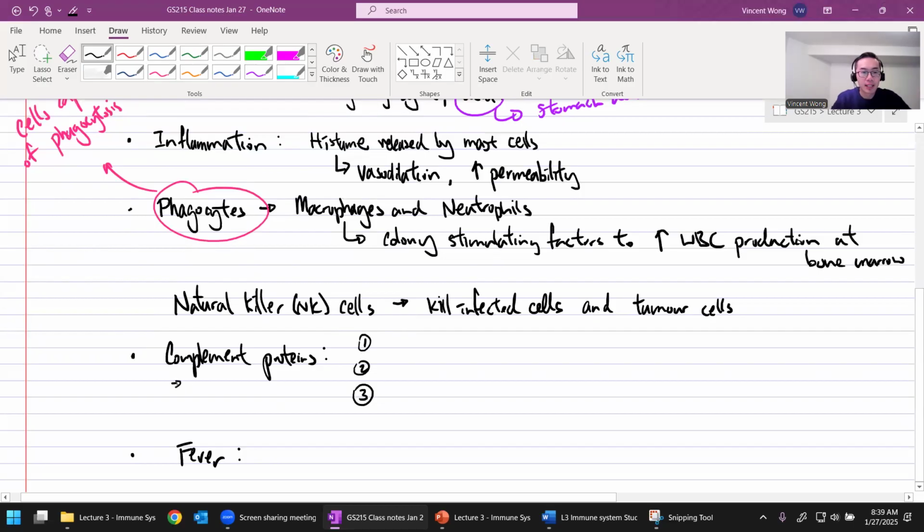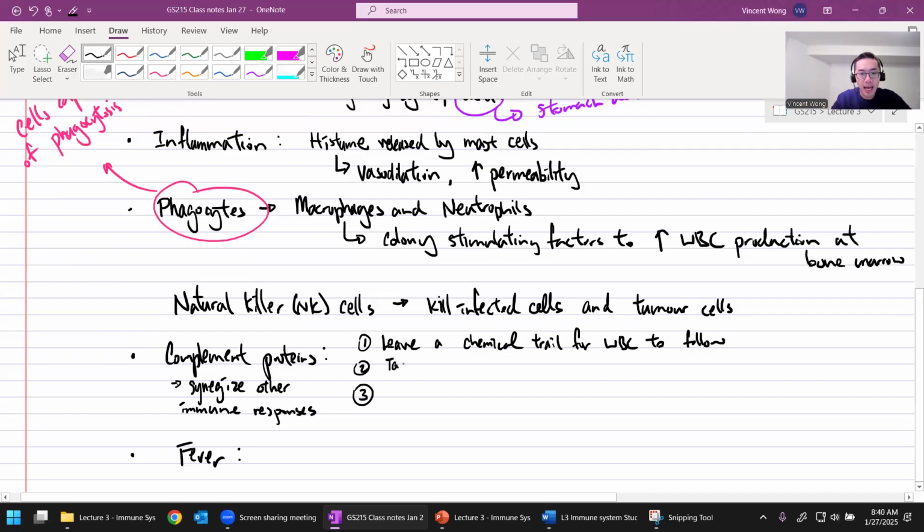The key function is to synergize other immune responses. For example, it could leave a chemical trail for WBC to follow.